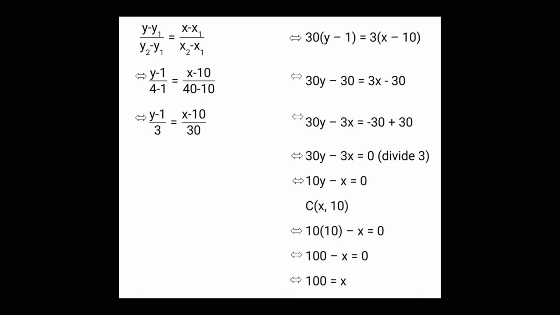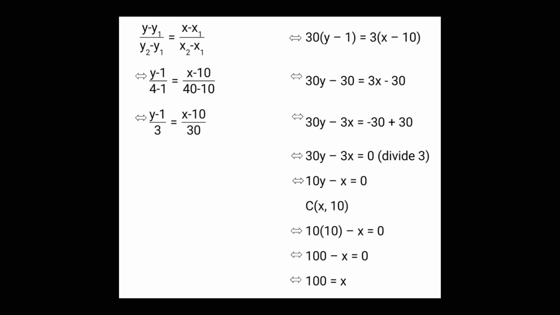So 30(y minus 1) equals 3(x minus 10), equals 30y minus 30 equals 3x minus 30, equals 30y minus 3x equals minus 30 plus 30, so 30y minus 3x equals 0. Divide by 3, so it's going to be 10y minus x equals 0.